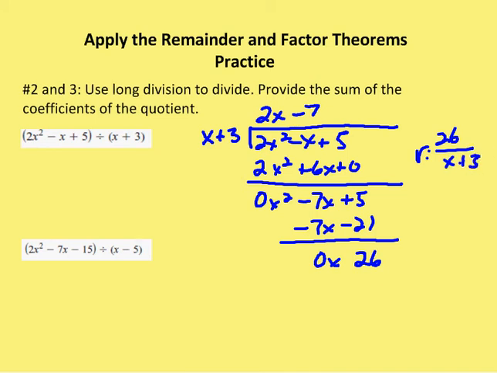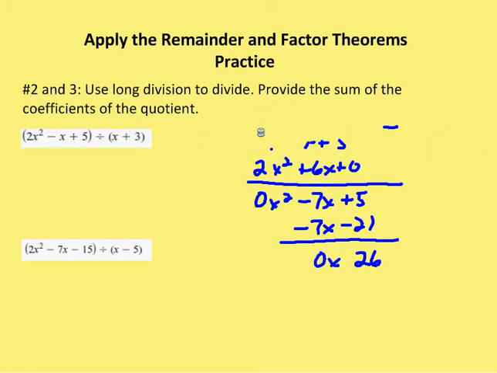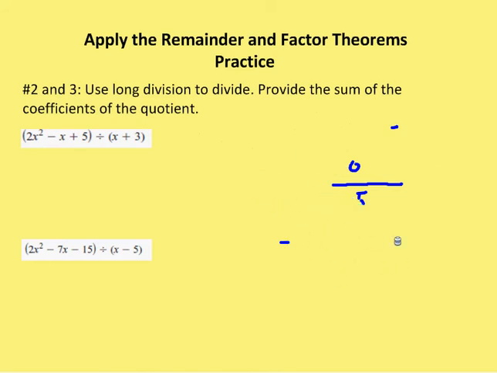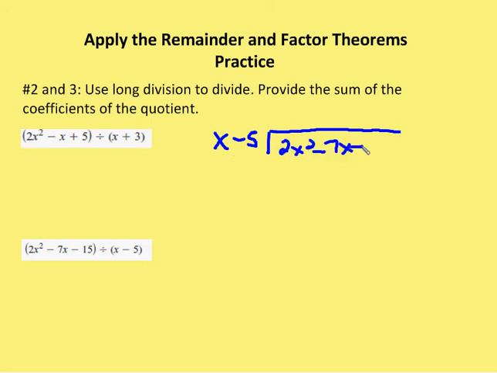All right, so I'm going to go ahead and erase all this so we can do the second problem. Again, I set up my long division system. My divisor, x minus 5. My dividend is 2x squared minus 7x minus 15. 2x times x gives me 2x squared, so I have 2x squared minus 10x.